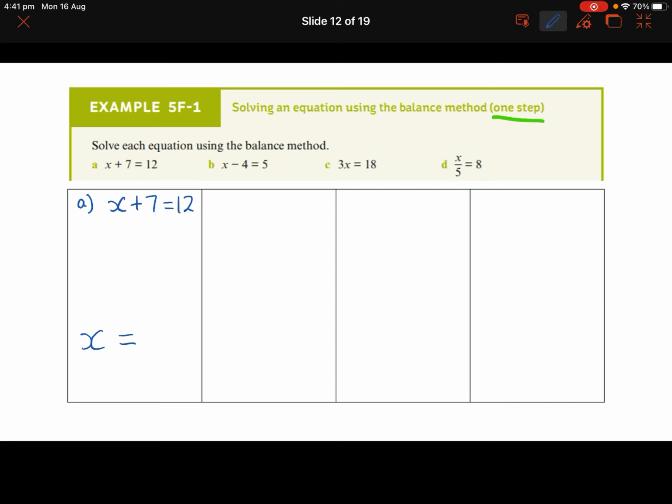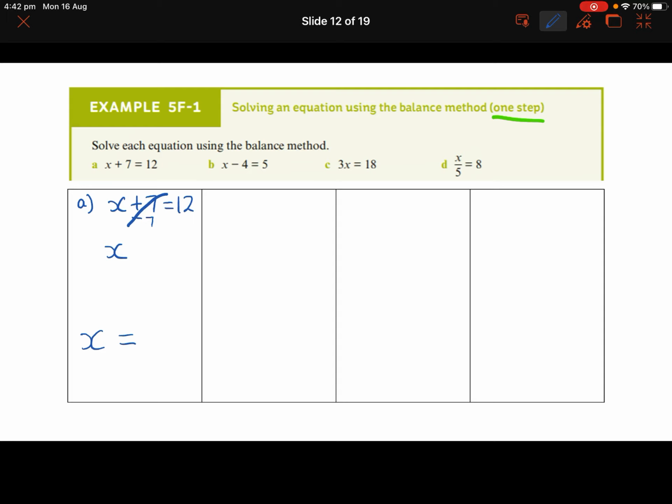So in order to do it, what we need to do is keep each side of the equals the same, okay? And in order to do that, we need to use, what's the inverse of plus 7? So what's the inverse of plus? We minus. So if we were to minus 7 from this side of the equation, what's 7 minus 7? Well, that equals 0, so that cancels out. So that means we're just left with this x, which is really good.